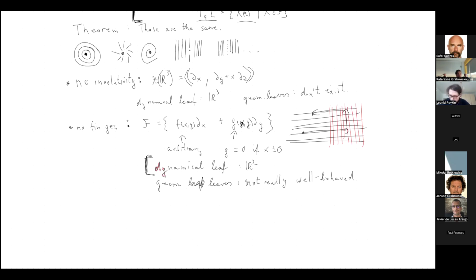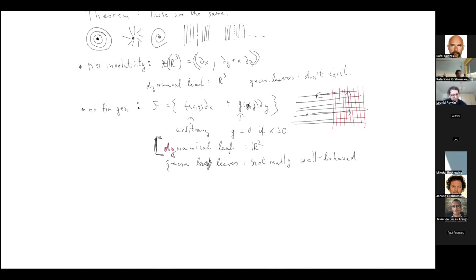Okay, so one last non-example, and it's the fact that our foliations' singular leaves are always lower-dimensional leaves. Basically, this is what for singular distributions people denote as being smooth.